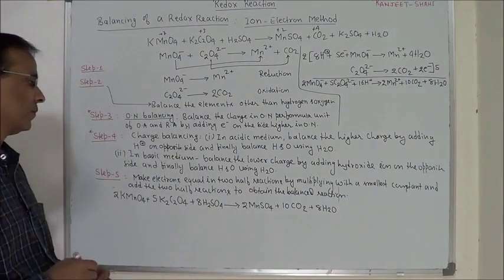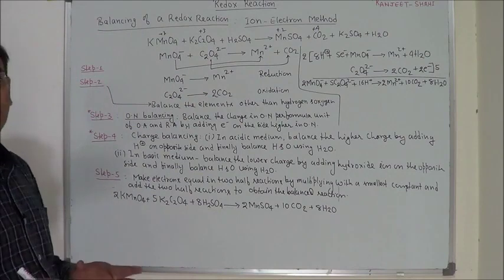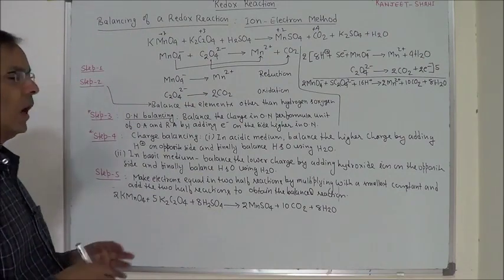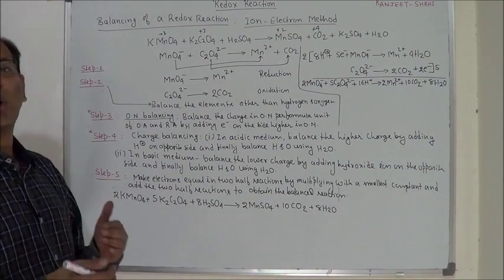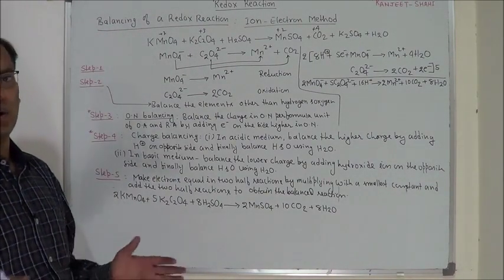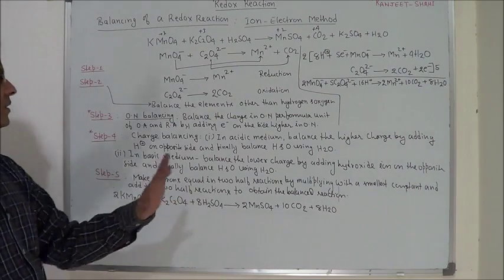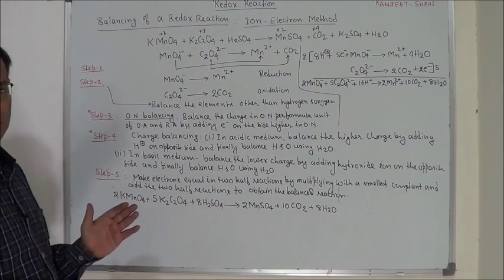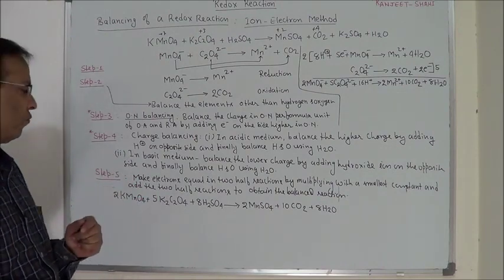After this, we find some of the ions are not balanced, especially the ions which are not taking part in the redox reaction. Potassium will not be balanced in this reaction, but potassium can now easily be balanced through inspection.